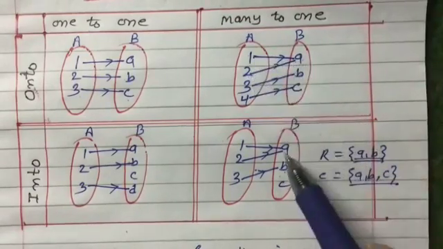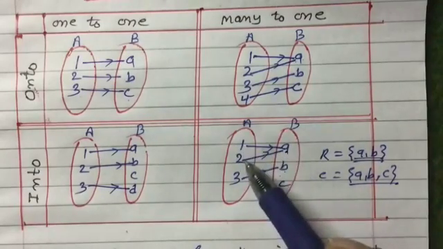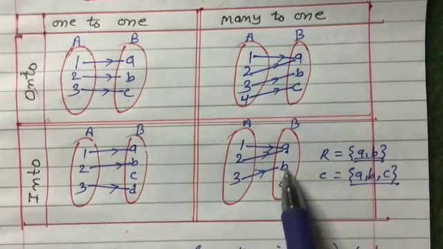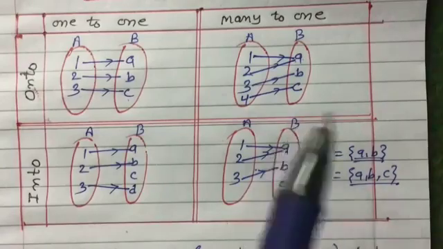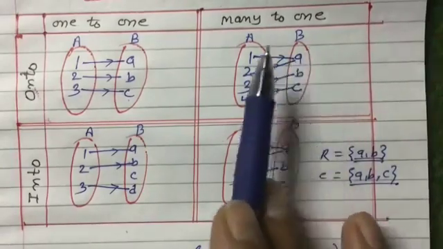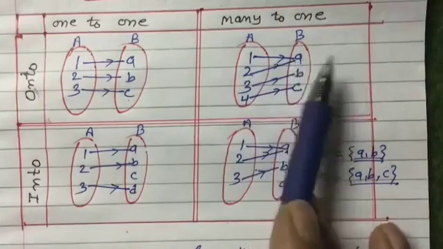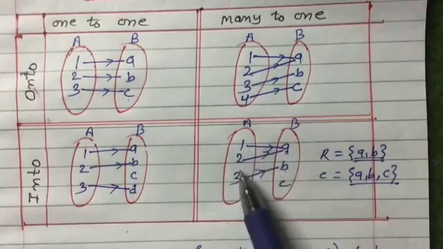Here also one image has got more than one pre-image. Sometimes one, but a minimum of one should have more than one pre-image, then it is many-to-one. Here A has many pre-images, here also A has many pre-images.